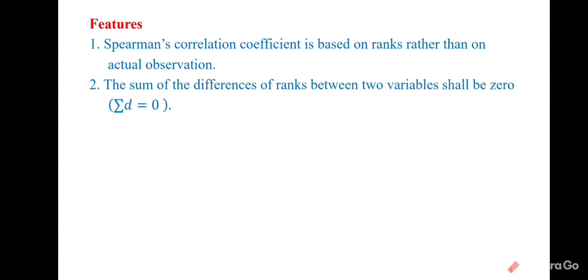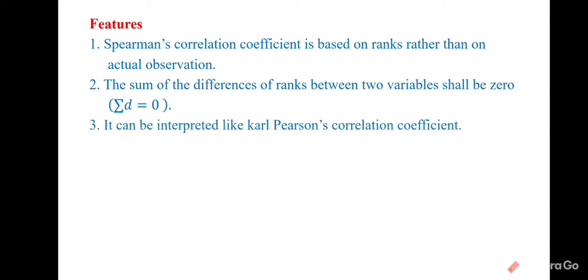The sum of the differences of ranks between two variables will be 0. It can be interpreted like Karl Pearson's coefficient of correlation. This also lies between minus 1 and plus 1.